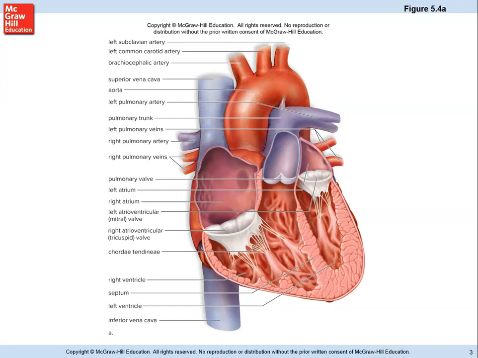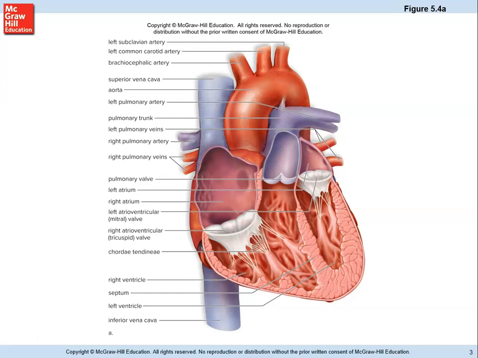You'll notice here the tricuspid valve and its sister valve on the other side of the heart, the bicuspid valve, or mitral valve as it's called in some cases, are attached to the bottom of the ventricle with these little structures called chordae tendineae. And that is to ensure that the valves do not open backwards.